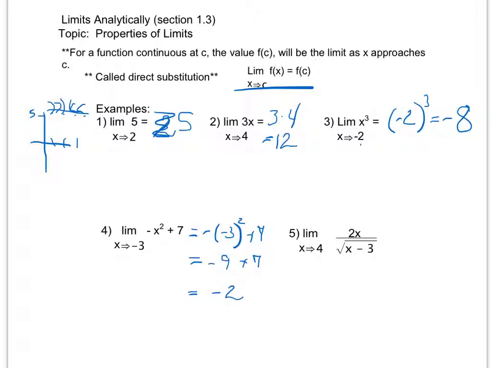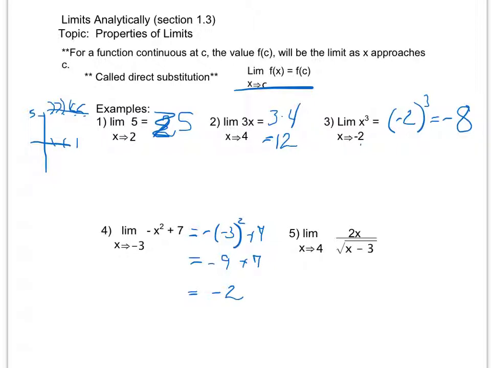On number 5, I have the function 2x over the square root of x minus 3. I know this isn't going to be defined for an entire domain, because radical functions have domain restrictions.